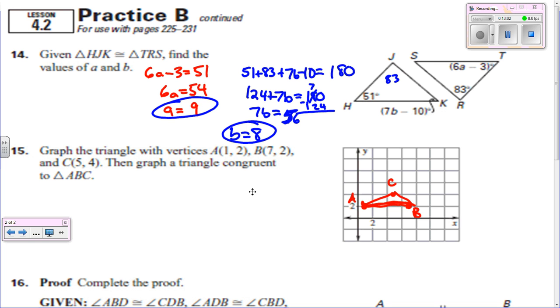It says then graph a triangle congruent to triangle ABC. So what I'll actually do is I'll just go up to here and start from there. So from there, comes over to here. And make this A prime. Let's just rename it.